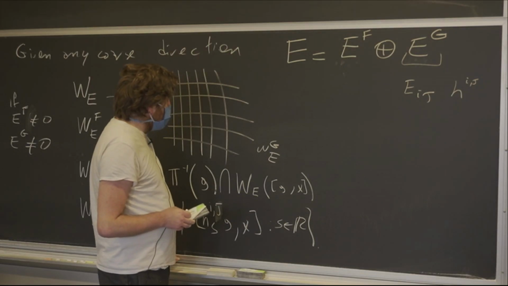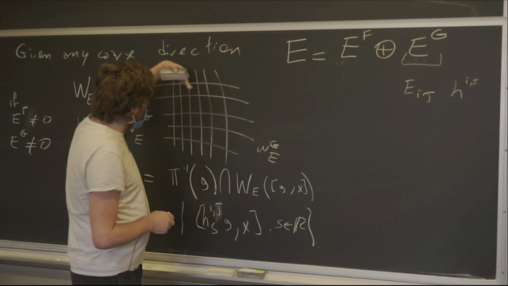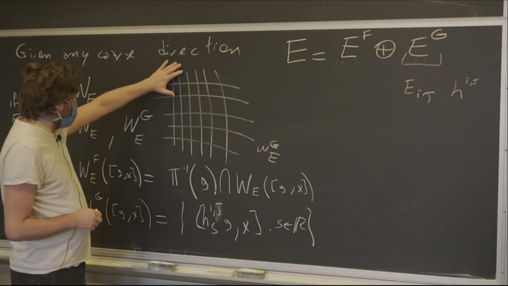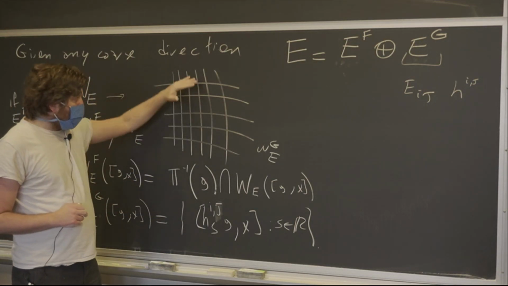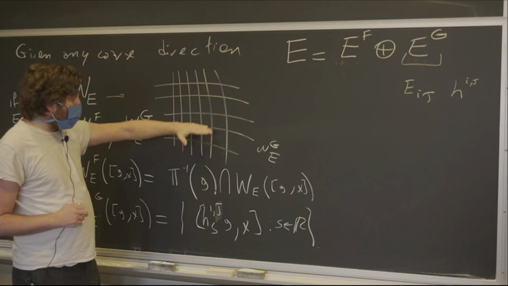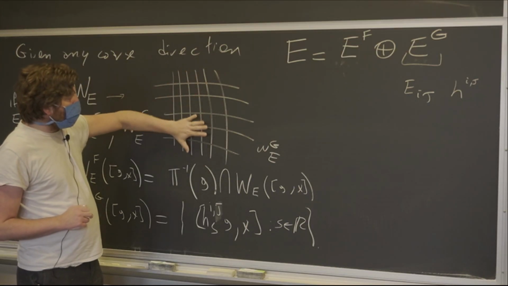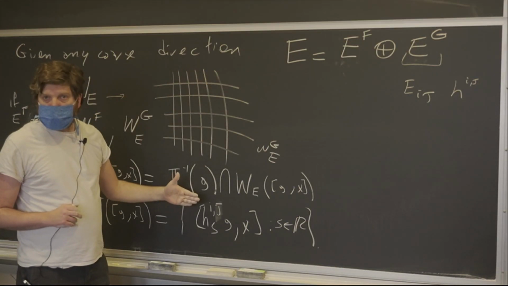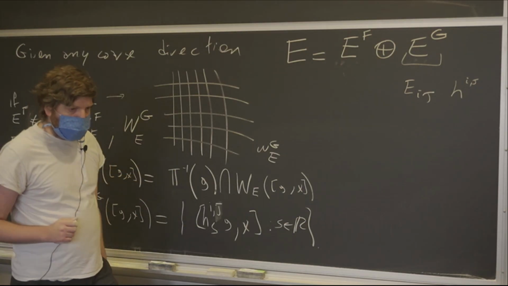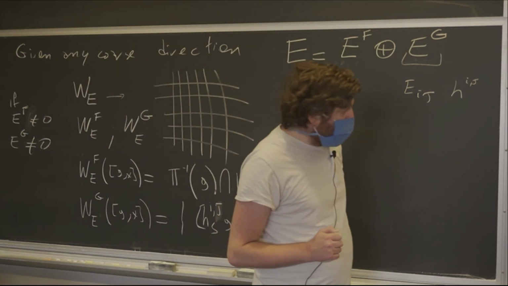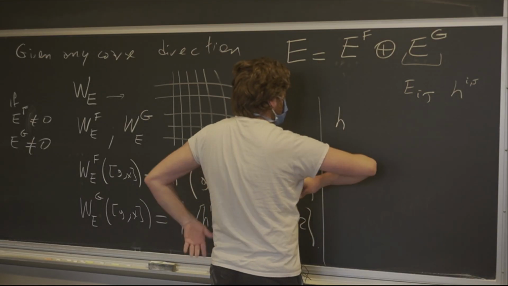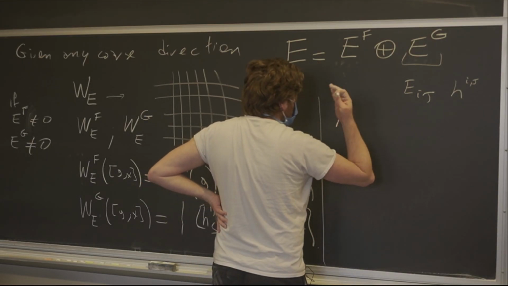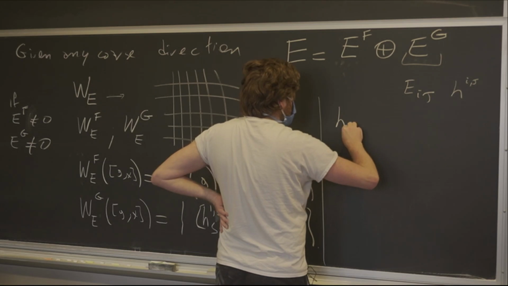So that's the picture. Now, when you project this W_E to G mod gamma, this two-dimensional picture here goes into an interval. Now, let's try to understand for a second what should be the measure.